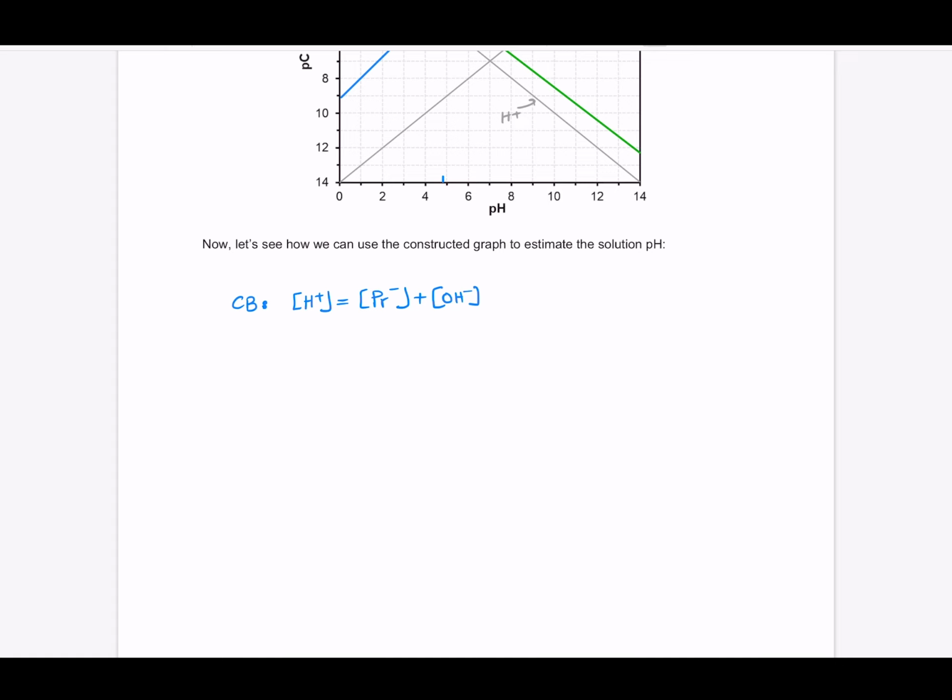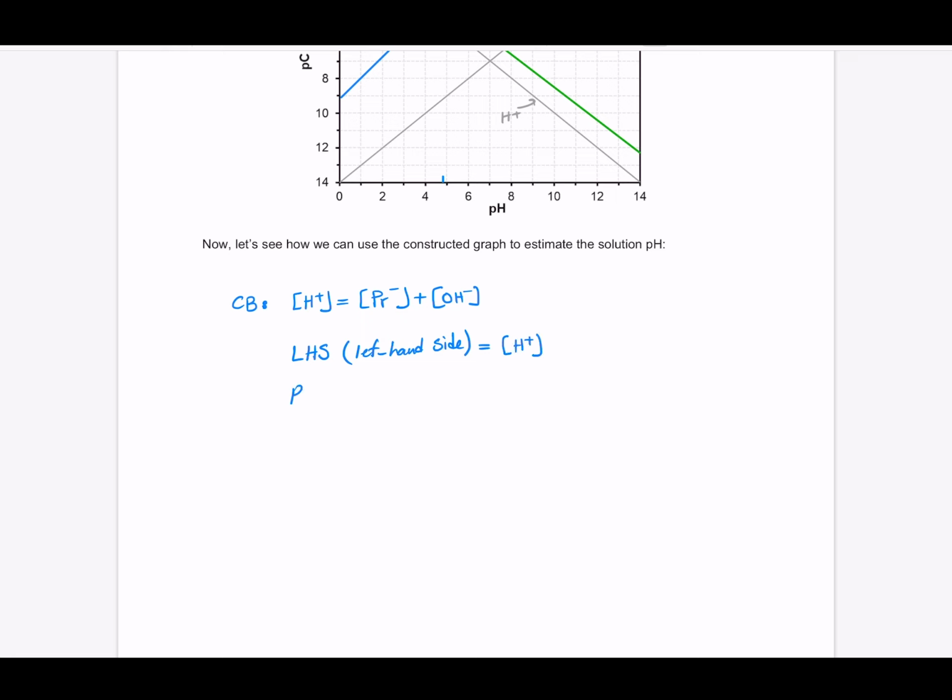So how? Let's define two terms. The left-hand side, which is basically the left-hand side of the charge balance. In this case, is H plus.